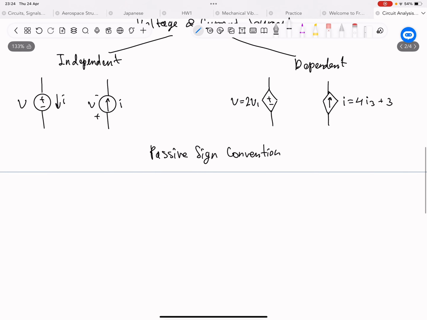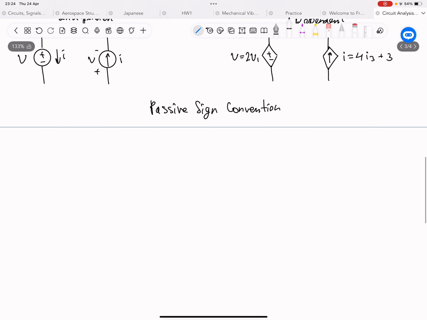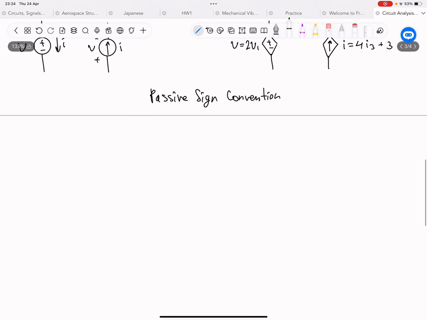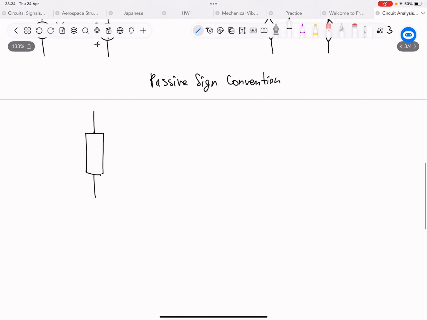We will use this throughout the course, in each problem. So what is passive sign convention? Let me draw a circuit element here, and let's say it has polarities plus and minus, and let it have a voltage V.